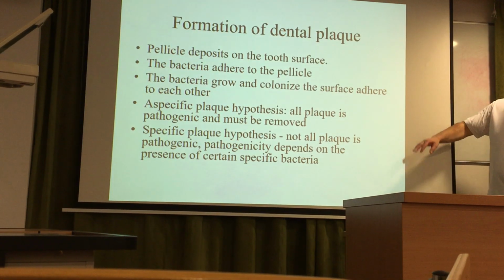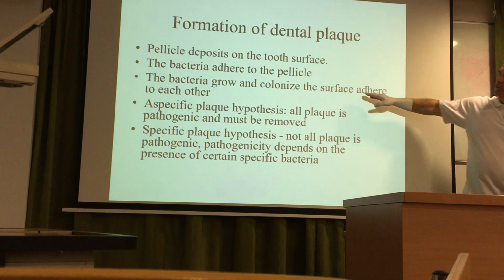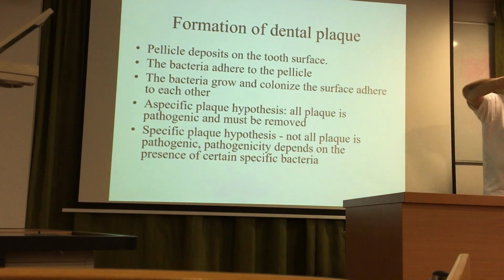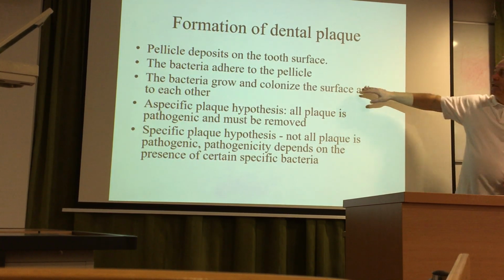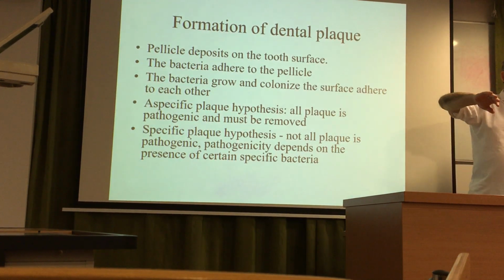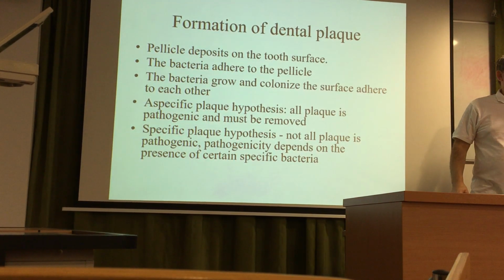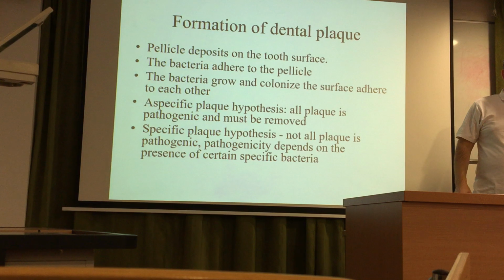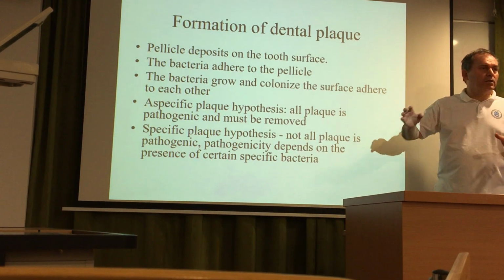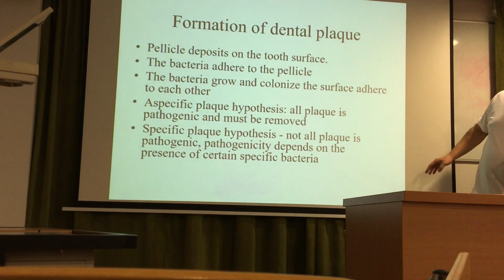Formation of the dental plaque: first we have the pellicle on the tooth surface, and to this pellicle, and even to the native normal tooth surface, the enamel surface, the bacteria may adhere.